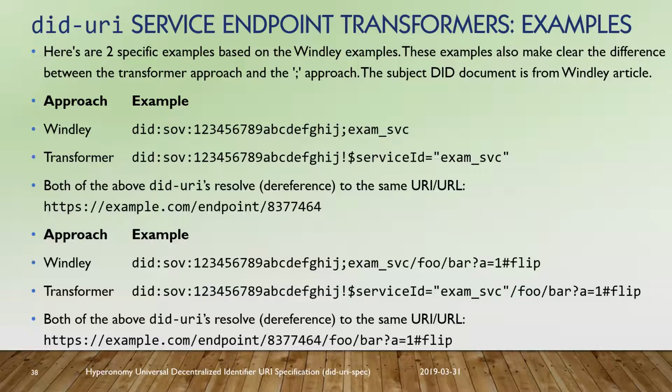What happens is we think of that DID being processed on the left of the exclamation mark, and it is replaced with the URL of the exam SVC from the DID document. Both of the above URLs resolve or dereference to the example that we see at the bottom.